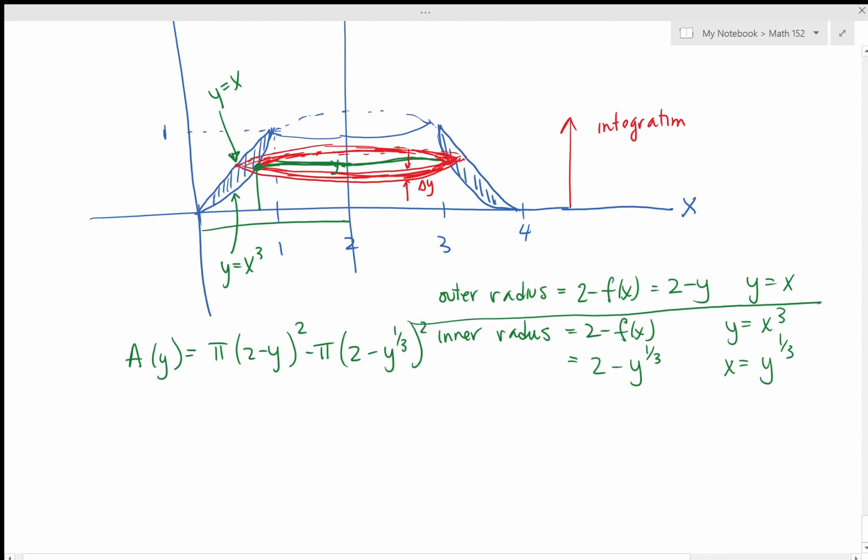Okay, so now I can easily set up my integral. The volume is equal to, and I'm integrating with respect to y, starting here at y equals 0 and headed up here to y equals 1.